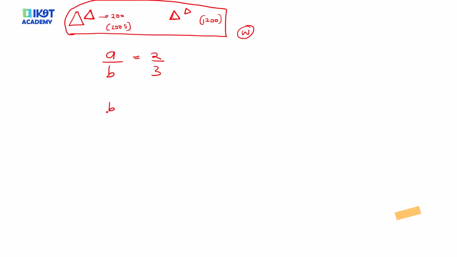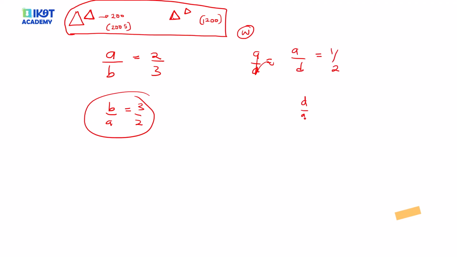Similarly, if I say A out of D is equal to a half, D out of A is equal to 2 out of 1, just the reciprocal. We're going to use this concept ahead, so you want to get used to it. I hope that makes sense.